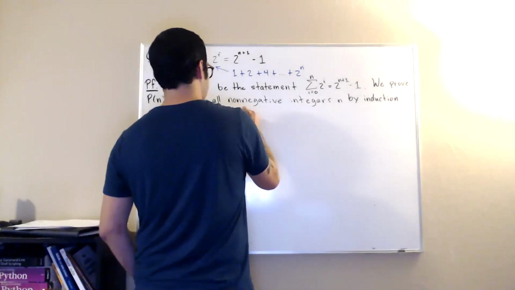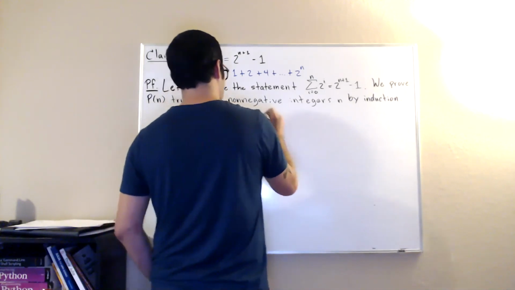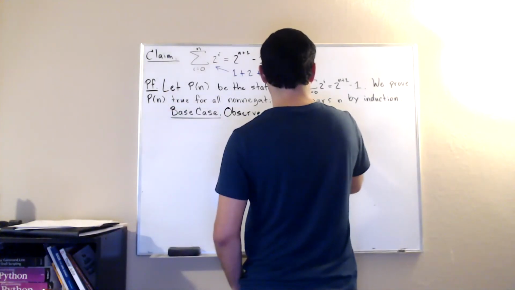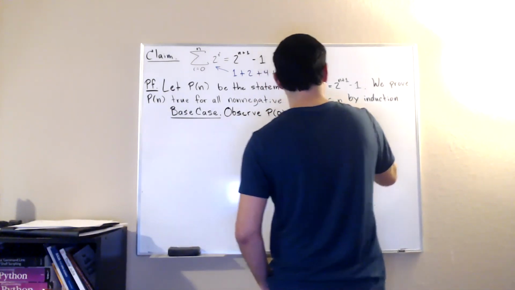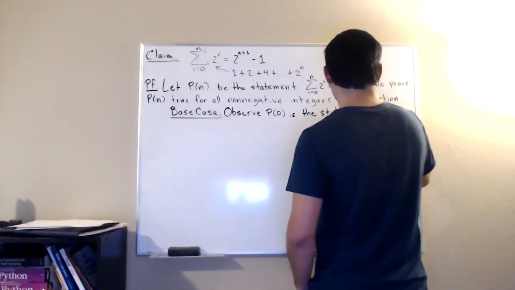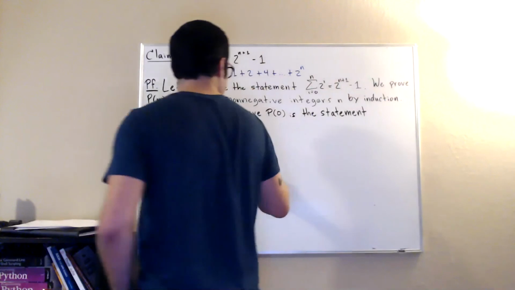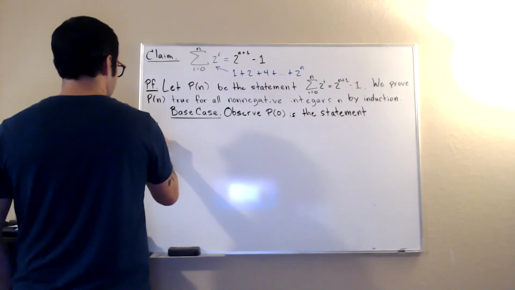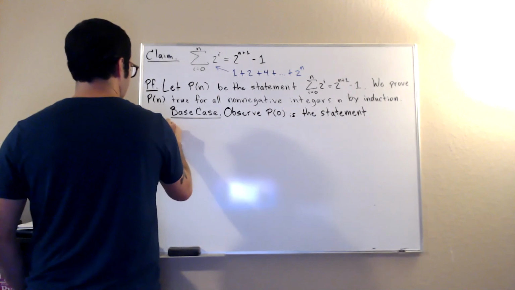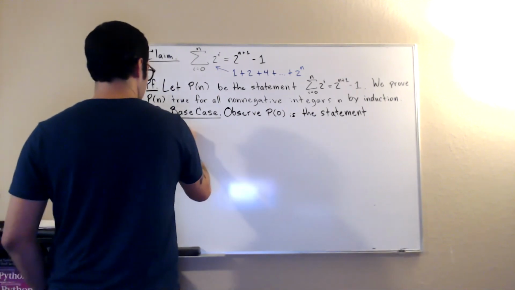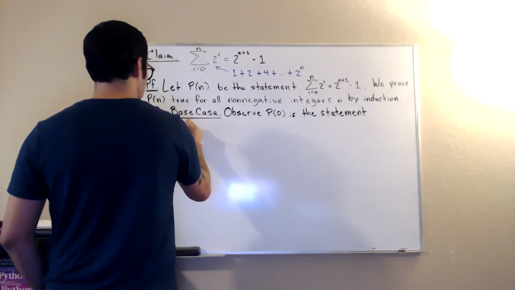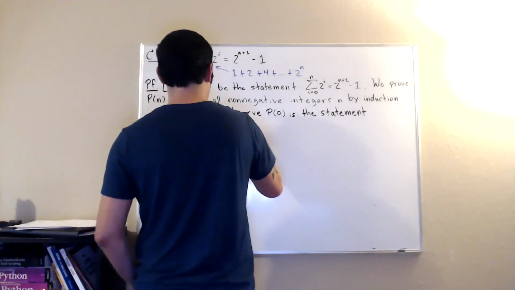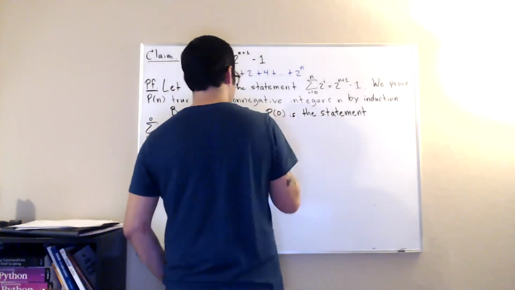So observe P of 0 is the statement the sum from i equals 0 to 0 of 2 to the power i is equal to 2 to the power 0 plus 1 minus 1, which is true since both sides of this equation equal 1.